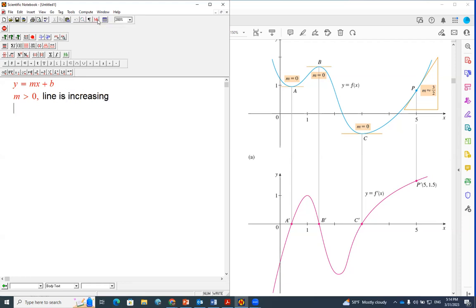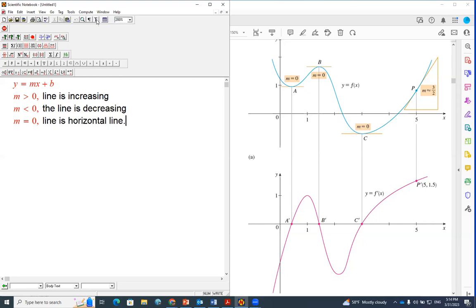When the slope is negative, the line is decreasing. When the slope is 0, the line is a constant.